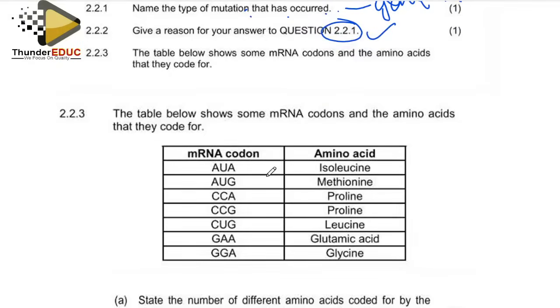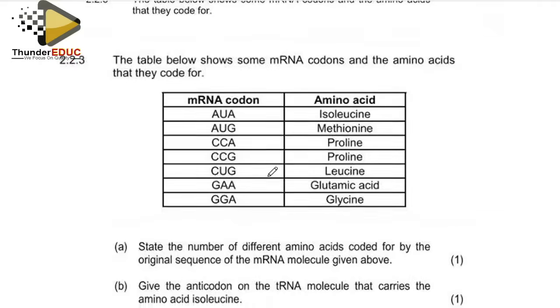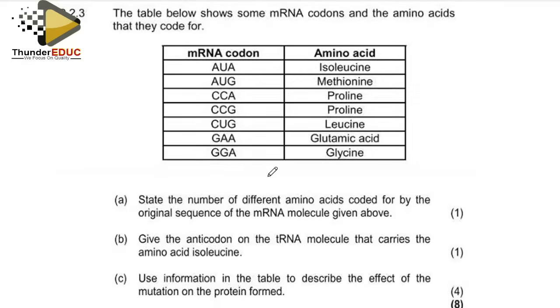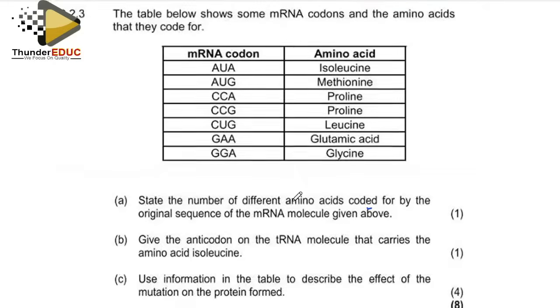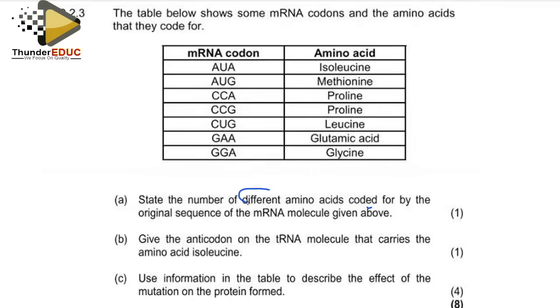Then we got the table below, which shows the messenger RNA codons and the amino acids that they code for. State the number of different amino acids coded for by the original sequence of messenger RNA molecule given above. They want to know the number. And the key point here is different.